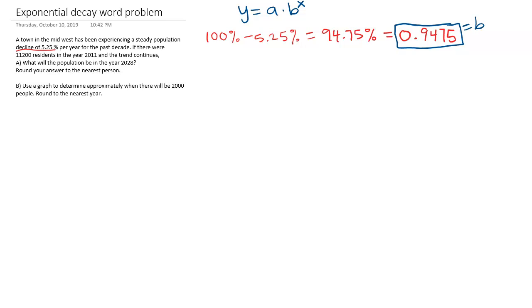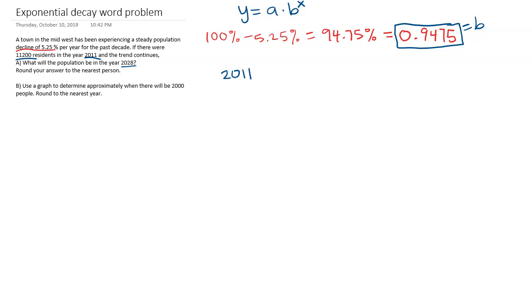All right, the other thing that I would look at then is it's talking about in the year, so there were 11,200 people in 2011. And we want to know what's going to happen in 2028. So the important thing to notice here is that when we're talking about this, we're saying that the year 2011 is our start.